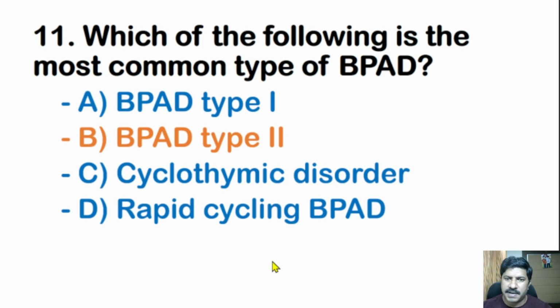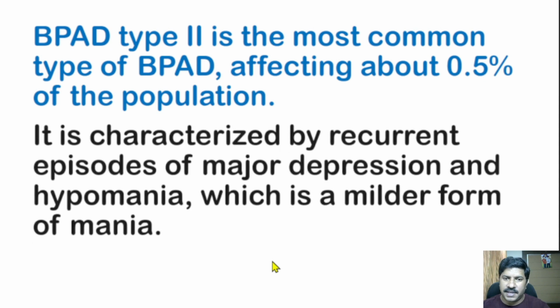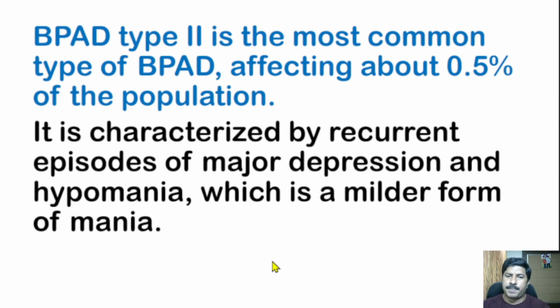So we will explain what is BPAD type 1 and what is BPAD type 2. BPAD type 2 is the most common type of BPAD, affecting about 0.5% of the entire population. It is characterized by recurrent episodes of major depression and hypomania, which is a milder form of mania.